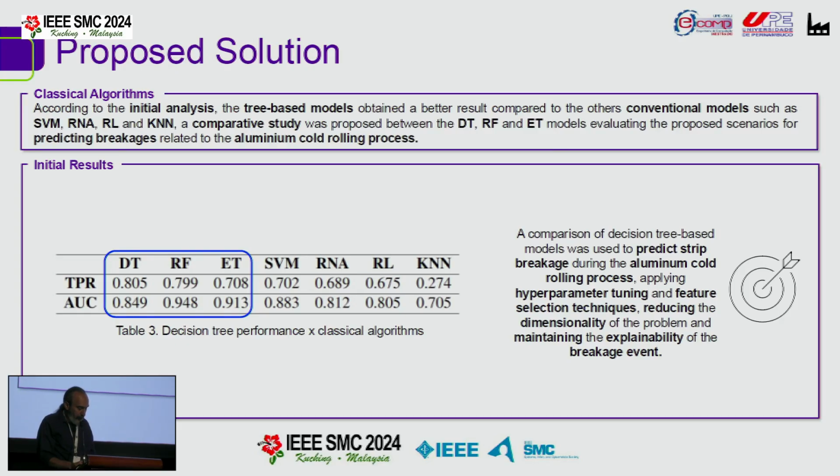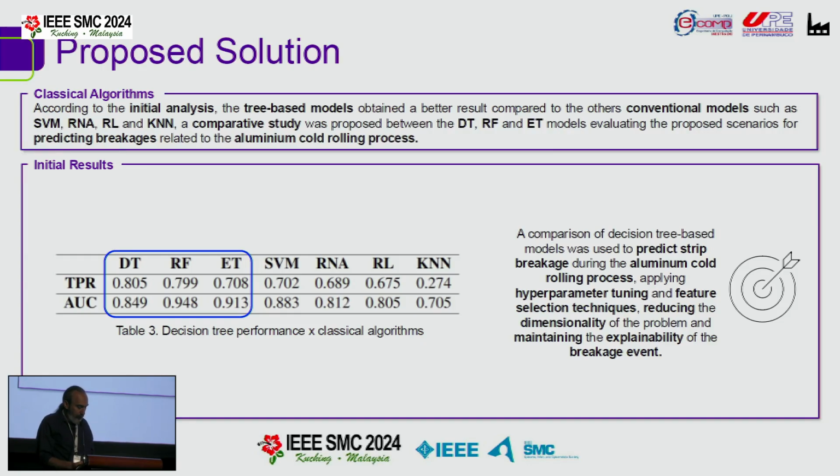Our proposed solution is this. According to the initial analysis, the 3 tree-based models obtain a better result compared to the other conventional models such as SVM, ANN, LR, and KNN.